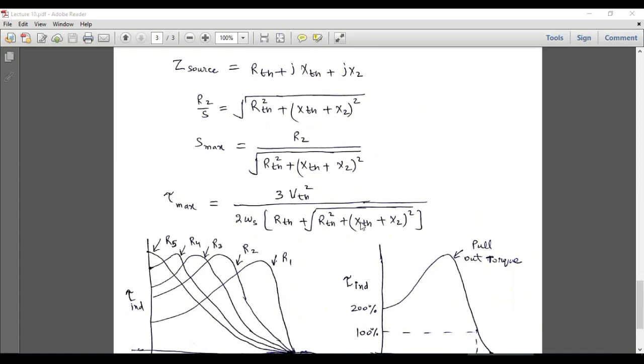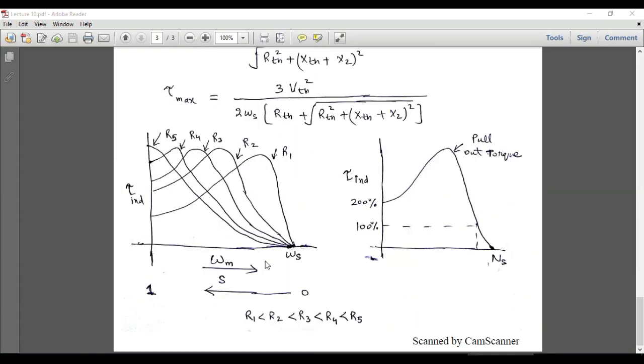So the maximum torque is independent of the rotor resistance, but the slip corresponding to the maximum torque is different in all these cases. For R1, the slip corresponding to the maximum torque is smaller, and for R2, the slip is slightly higher.